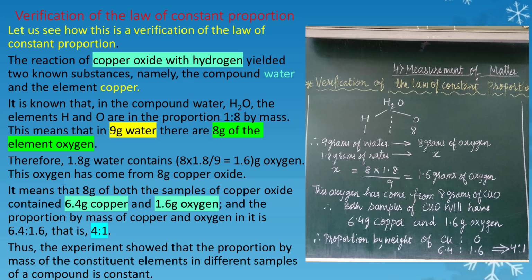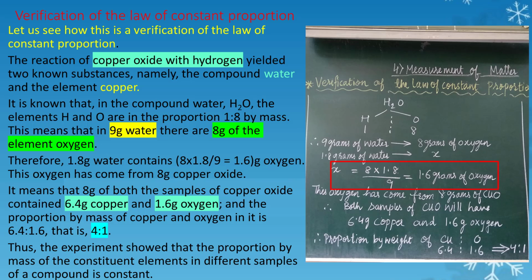Thus, if 9 grams of water has 8 grams of oxygen, then 1.8 grams of water is having x grams of oxygen. Now we can find out x by cross multiplication. So x equals 8 multiplied by 1.8 upon 9.